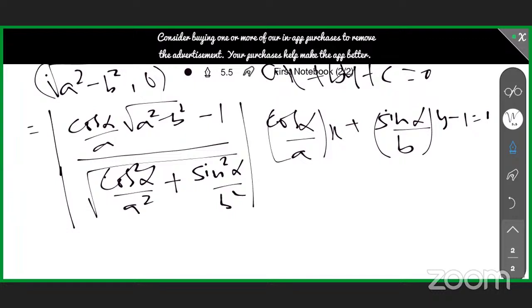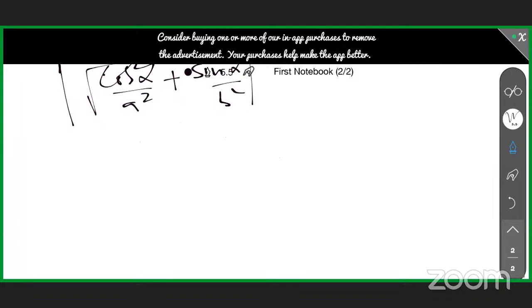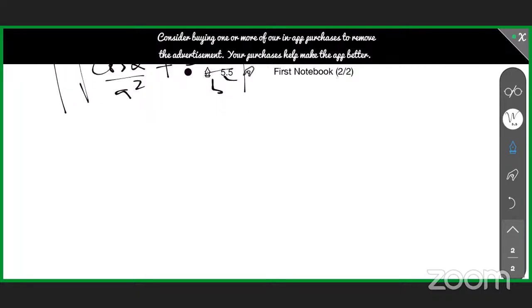Like this, I have to find the perpendicular distance from the second point, that is minus root of a square minus b square comma 0.